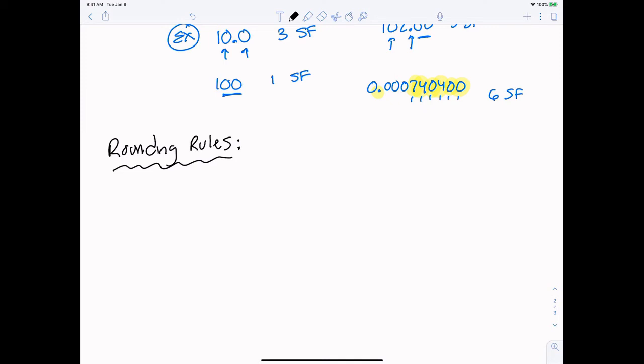So if the first digit that you drop is less than 5, then you actually just drop that digit and everything that comes after it. So round down.